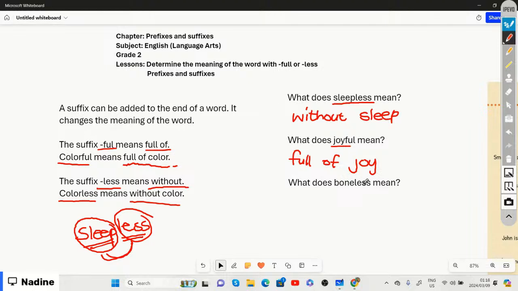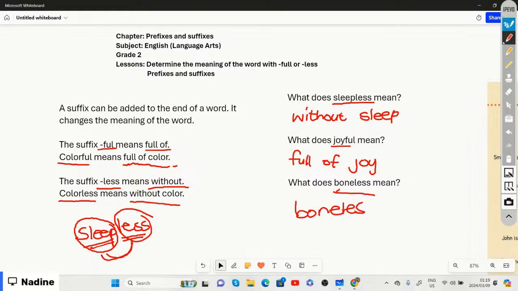And then we have boneless. What do you think boneless means based on the meaning of our suffix? All right, boneless means without bone.